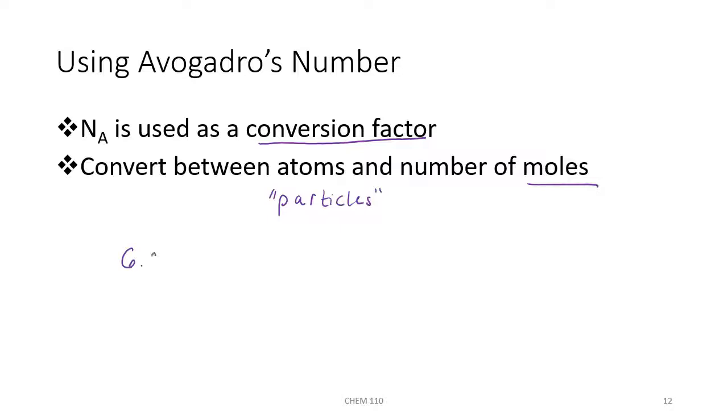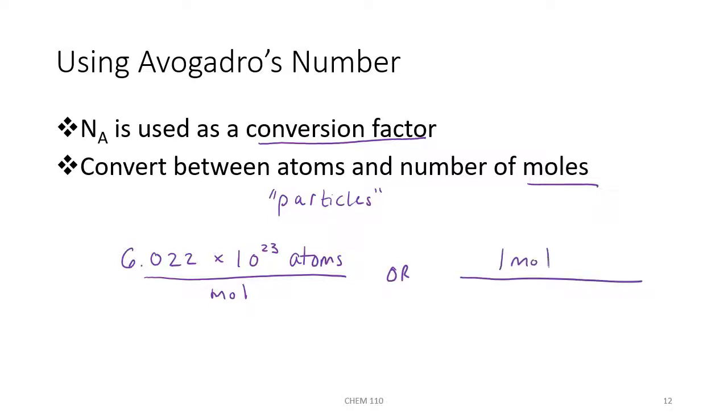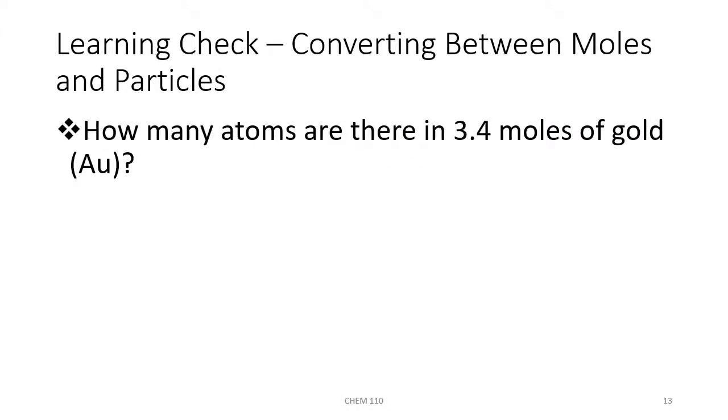So we can have 6.022 times 10 to the 23rd atoms per mole, or we could write this as 1 mole is Avogadro's number of atoms. And this is specifically when we're dealing with an element that we'll be talking about atoms as the smallest particle. So let's try an example, converting between moles and particle units.